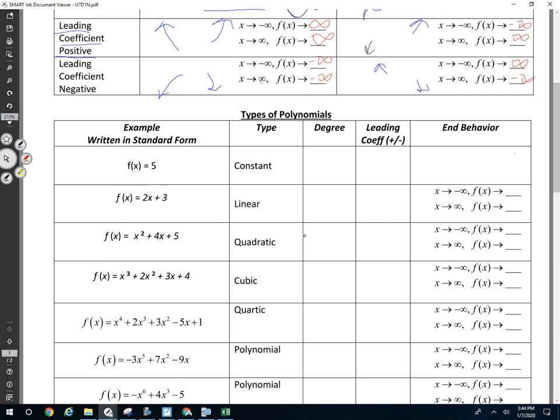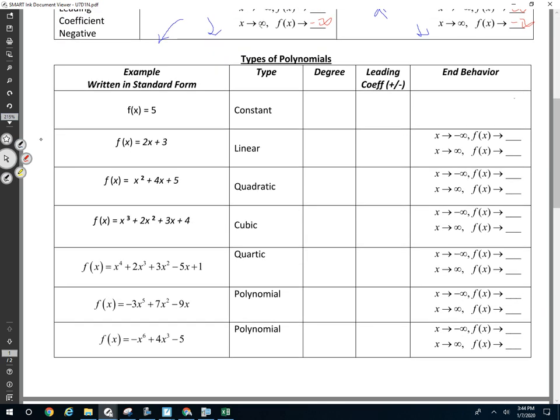Okay, so here we go. Very short notes. Y equals 5. We can graph y equals 5. Go ahead and graph y equals 5 in your calculator.